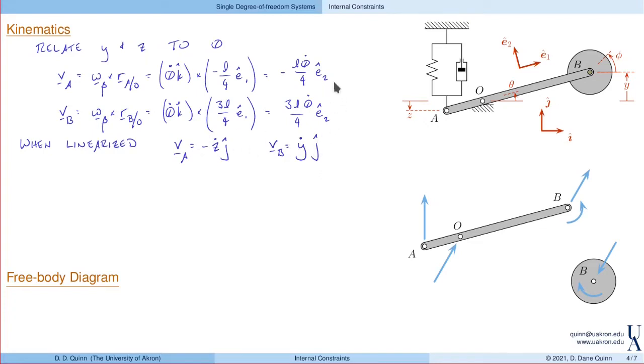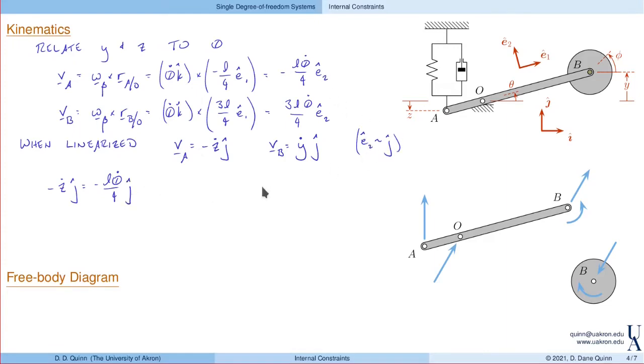In addition, for these small angle displacements, E2 is approximately j. So I can set the velocity of A equal to the velocity of A. Well, I can always do that, but now we find that minus z dot in the j direction is equal to minus L theta dot over 4 in the j direction.